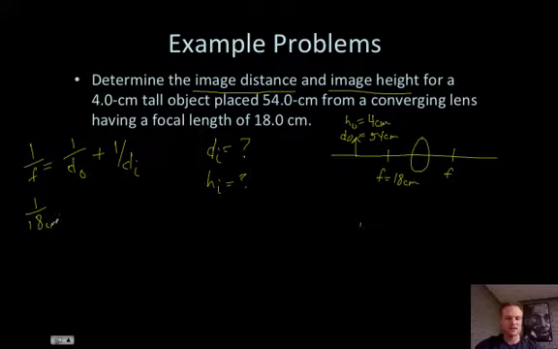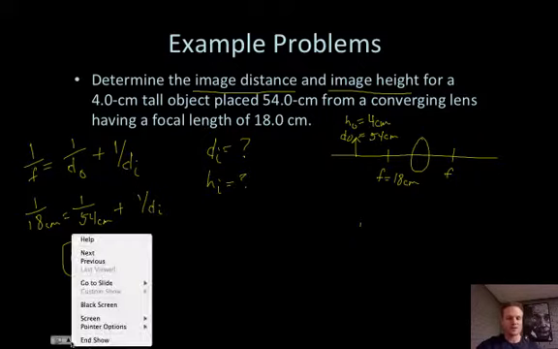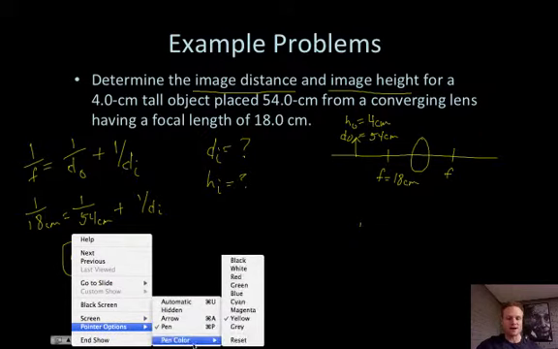I'm going to have 1 over 18 centimeters equals 1 over d sub O, which is 54 centimeters, plus 1 over d sub I. And if you do the algebra there, you would find out that d sub I would equal 27 centimeters. Well, that's nice. That answers one of my questions.